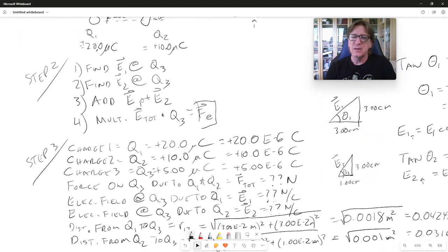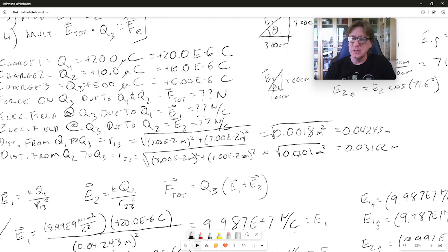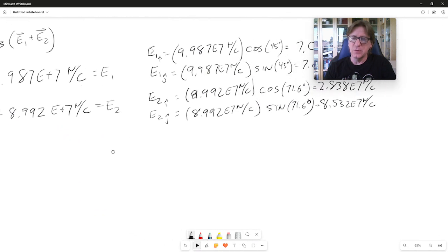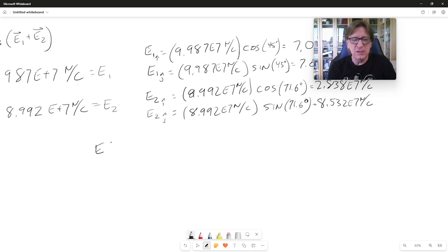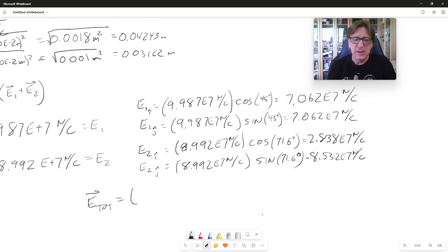Going back to our plan, you just add up the individual components. So I'm going to bring this over here where we can see this. Our E total, which is now a vector, I'm going to add up my I hat components. That is 7.062 e to the 7 plus 2.838 e to the 7 newtons per coulomb I hat.